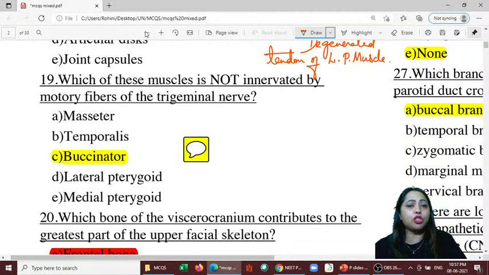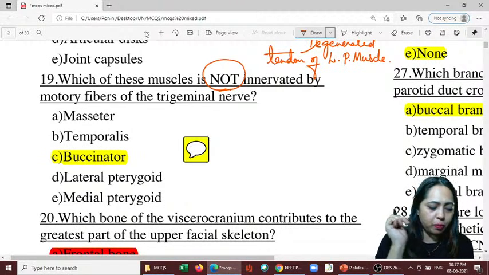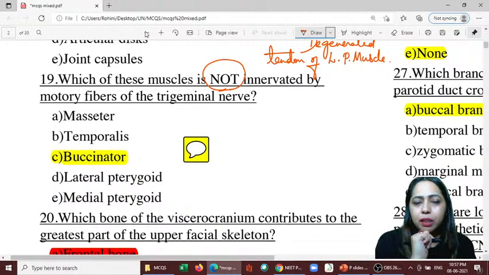Which of these muscles is not innervated? You have to remember whether it is innervated or not. So all these negative words, you should remember properly. It is not innervated by motor fibers of the trigeminal. So which one of these muscles is not innervated by motor fibers of the trigeminal nerve?